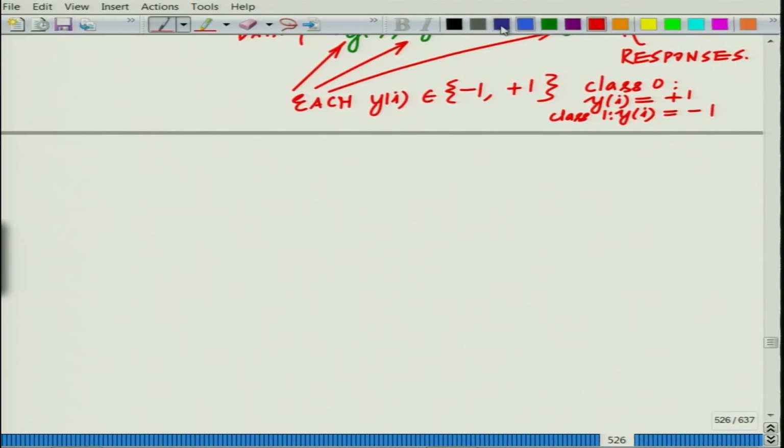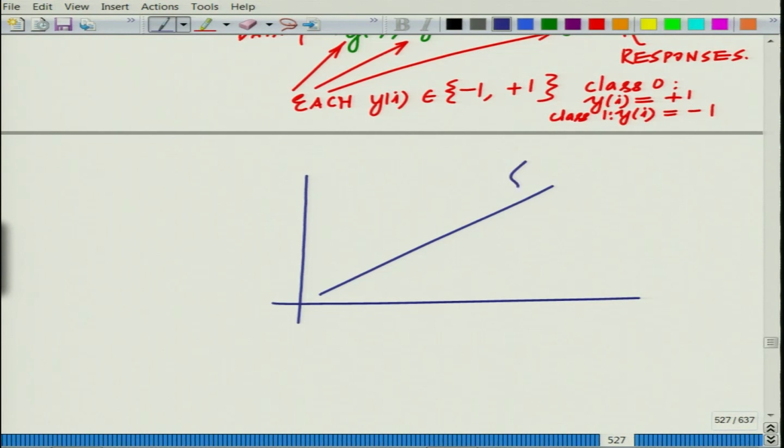Now, let us take a look at it. Let us say we have our hyperplane, and this is our A bar transpose x bar plus b.